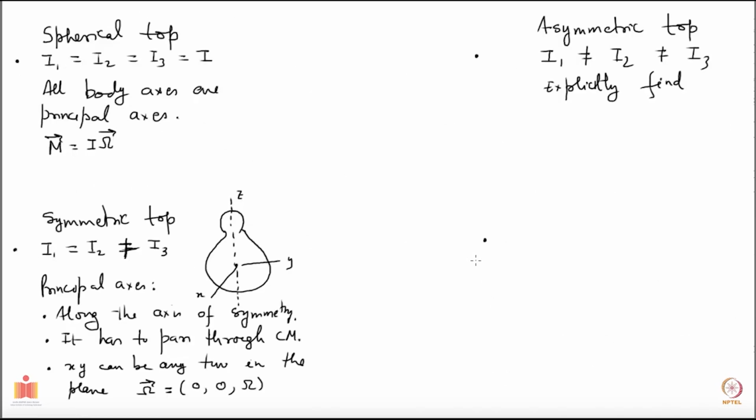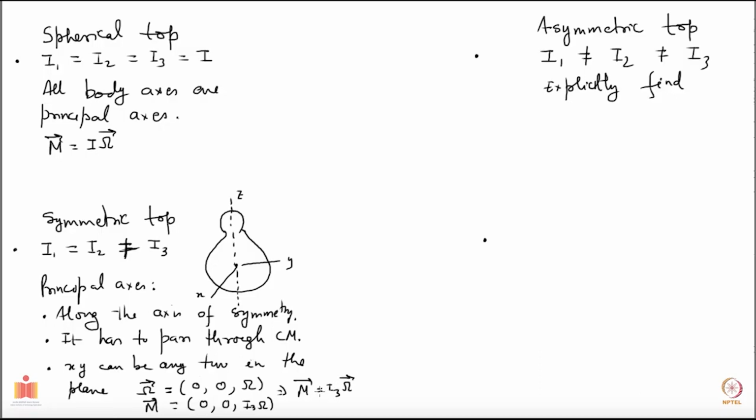So M3 is non-zero, the first two components are 0, and only I3 omega survives, which means your M will be I3 omega in this case.